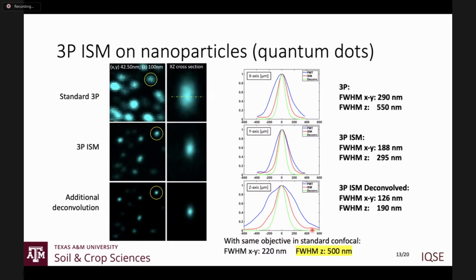When we would measure the same sample with the same objective in a standard confocal microscope, we were obtaining a full width half maximum of 220 nanometers. So with the image scanning microscopy, we already are better than what we would be with confocal microscopy.